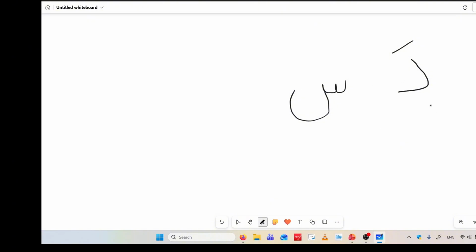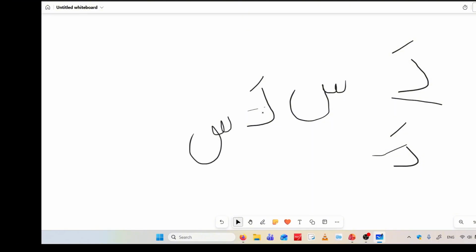Okay, because dal is a one-way connector, it's going to be written like that. Dal, and immediately after it, we're going to write the sin. It's not connected here. It's just going to be written like that. But if there is a letter before the dal, and it's a two-way connector, it's going to be written like that.